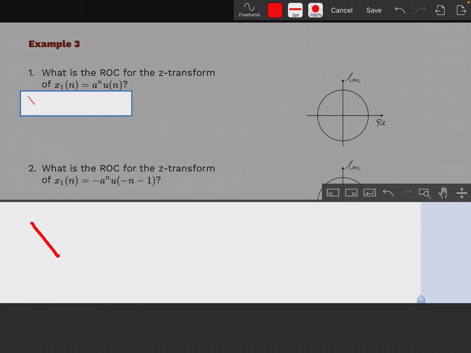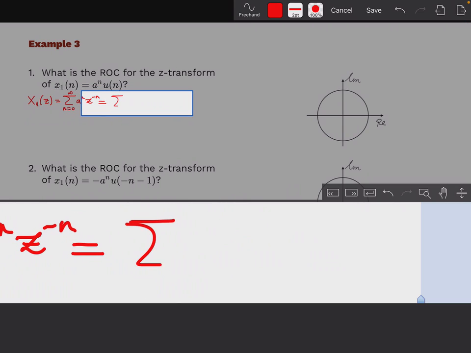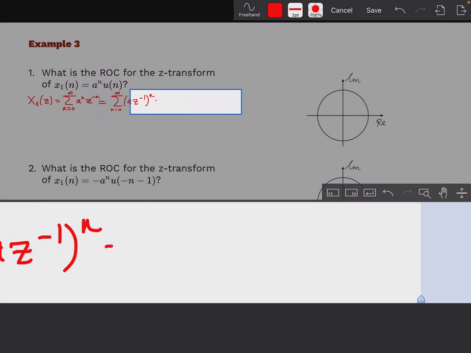Let's call this x1 of z, is equal to the sum from 0 to infinity of a to the power n, z to the power minus n, which is equal to the sum from 0 to infinity of (a z to the power minus 1) to the power n, in exactly the same way that we did before, and that is going to converge to this value.